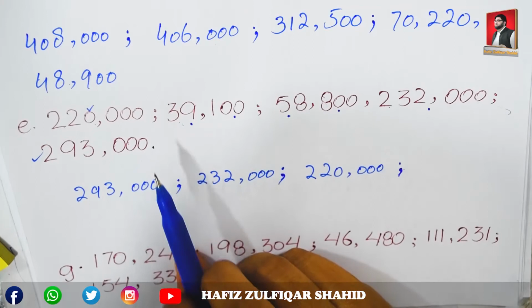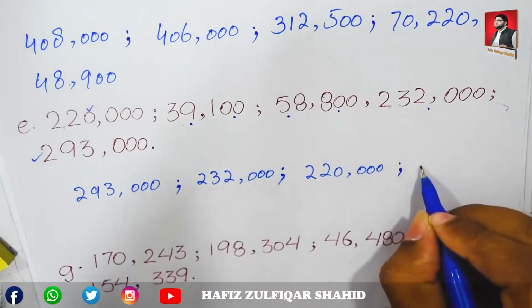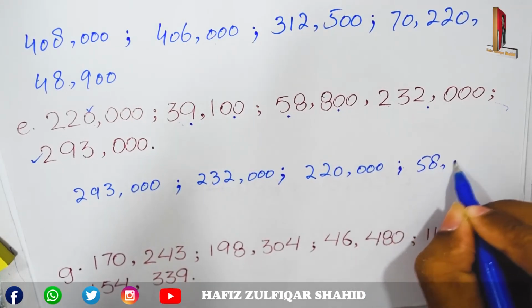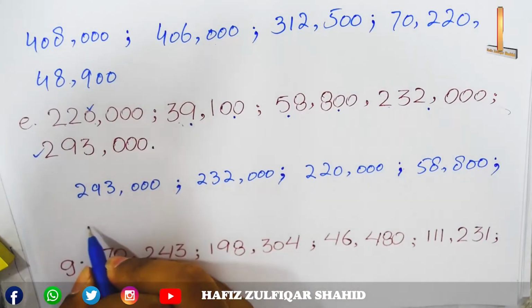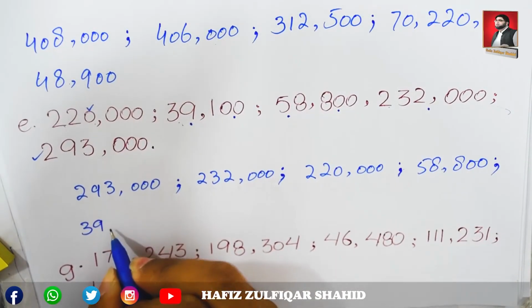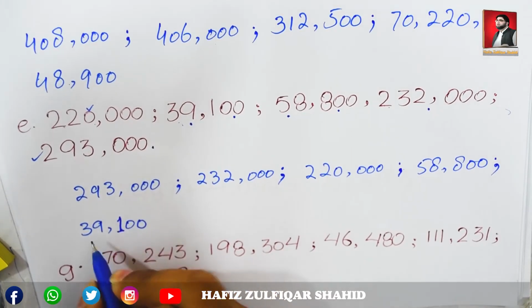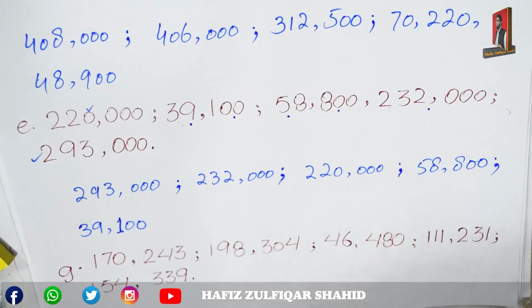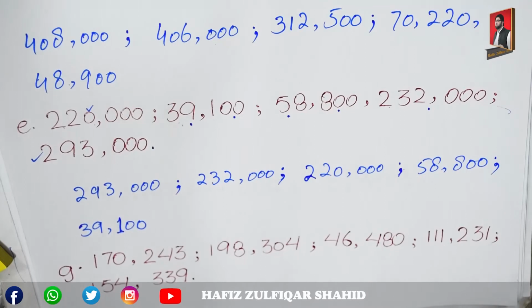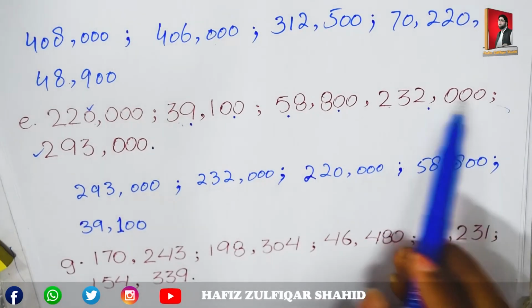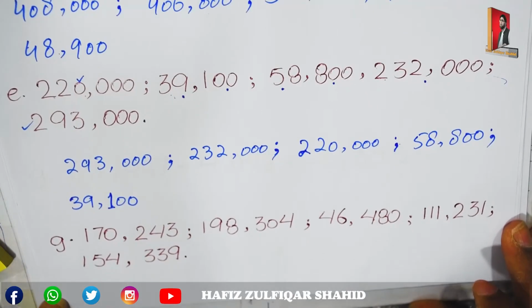Now compare the remaining two values, which is the largest one, and it is 58,800. And in the end we have remaining with us 39,100, and we can see that 39,100 is smallest value if we compare with the remaining 4 values.